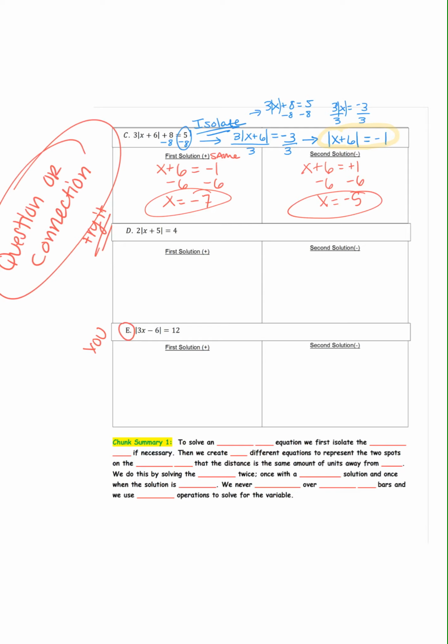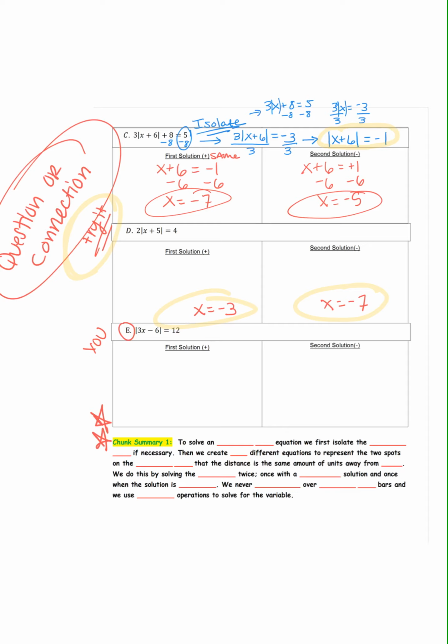We know what happens with Miss E when she thinks that you don't try it. You need to try it. It'll go faster in class if you come with something done. All right, so I'm going to pause. I'm going to give you guys the answers to D, not the work, just the answers, and then you need to do this chunk summary down here.